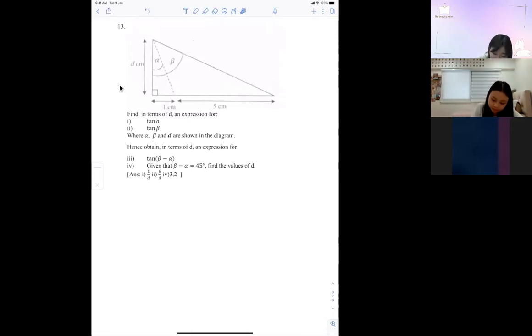Okay, so tangent alpha, tangent is opposite over adjacent, so it's 1 over d. Tangent beta is opposite over adjacent, so it's 6 over d. If you want to use this, can you both tell me what I should do? I should use the addition formula to expand, right? So tangent of beta minus alpha, can you try and expand using the addition formula, sub your values inside.